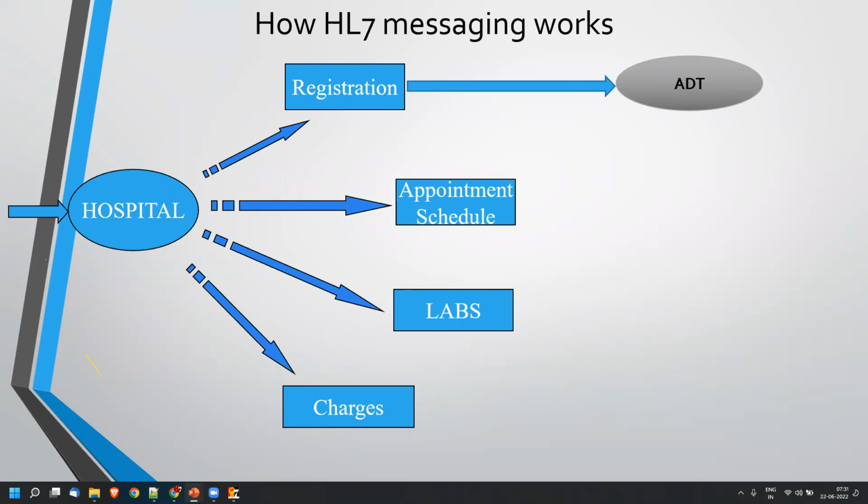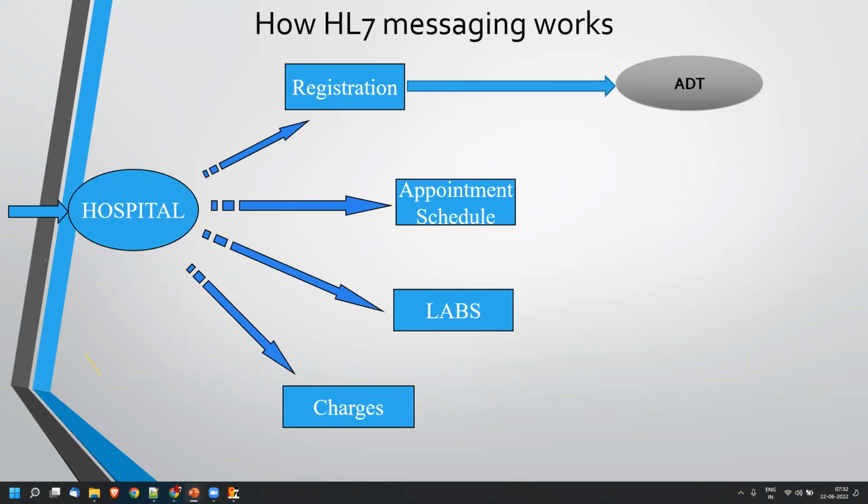ADT stands for admit, discharge, and transfer. So anything pertaining to admission, discharge of a patient, and transfer of a patient is represented with this particular ADT representation. Okay, what is this called? These are called message codes. So HL7 has message codes to represent certain categories of data flow.